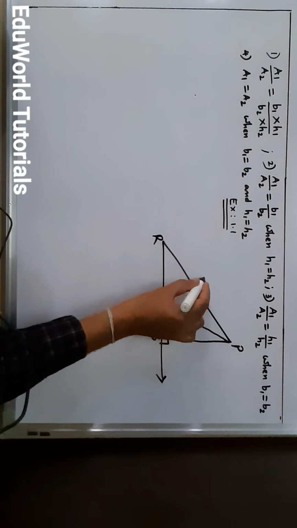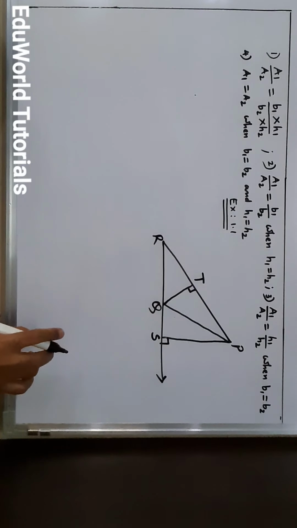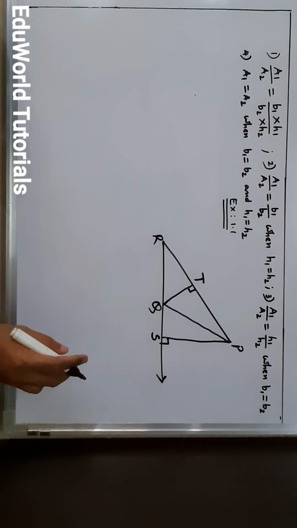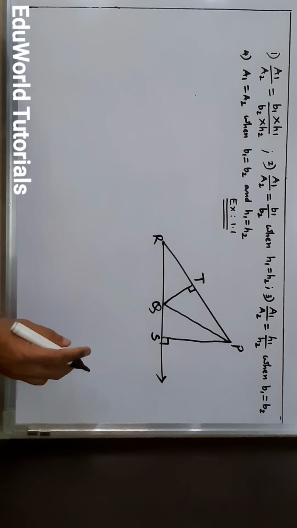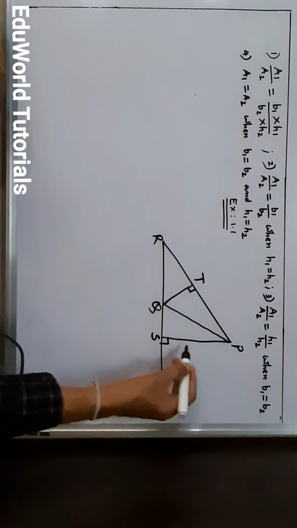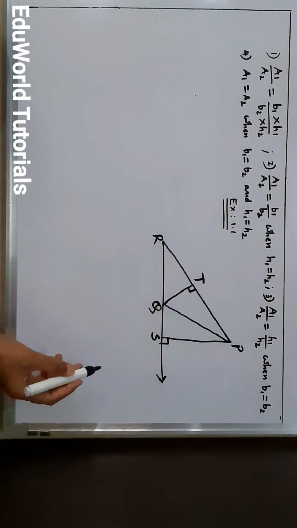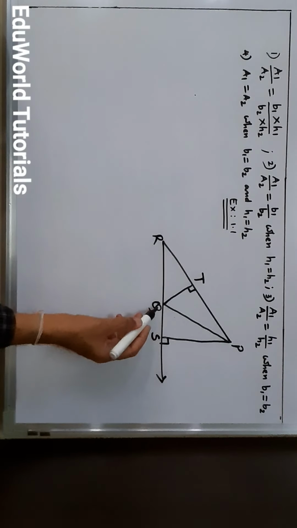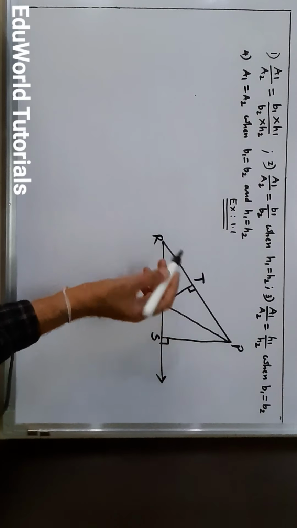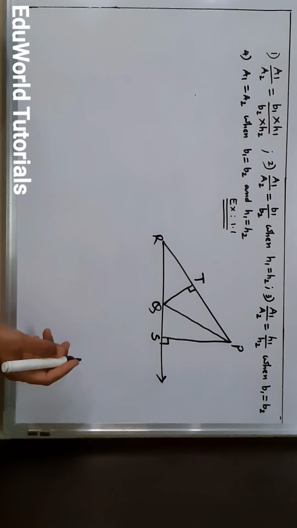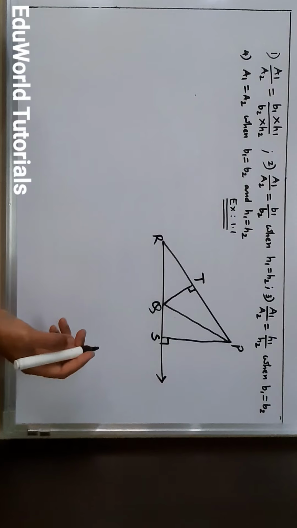This is QT. Now we are given in the figure segment PS perpendicular to segment RQ, RQ being extended. Also segment QT is perpendicular to segment PR. That is given. Also we have some lengths given.